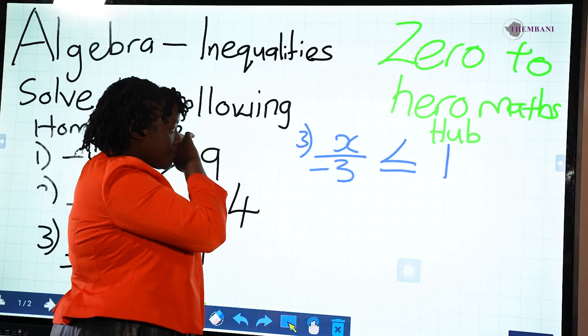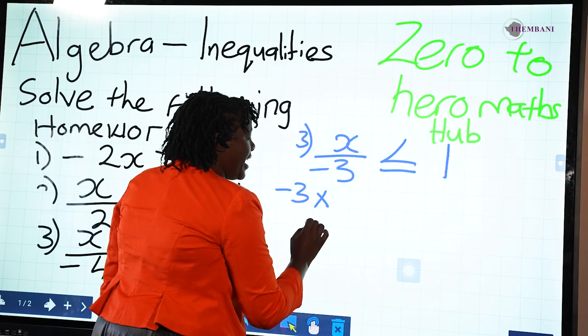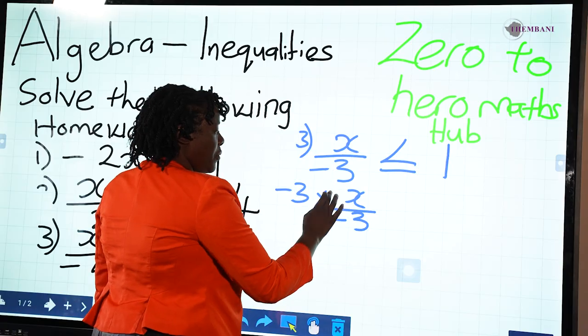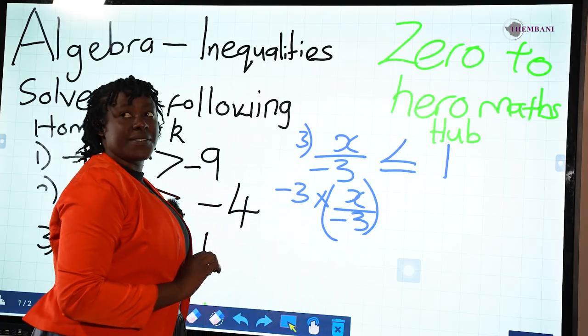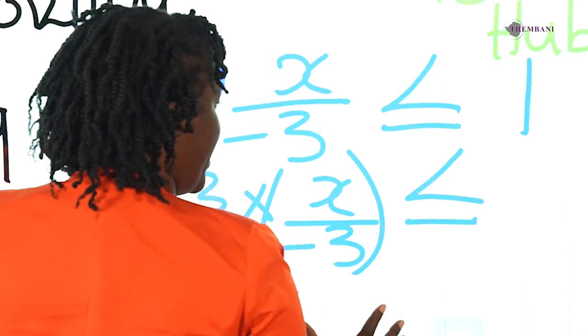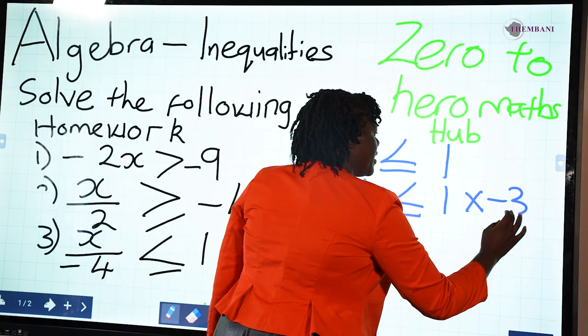So in this case, we have negative 3 multiplied by x over negative 3, we can put this in brackets, and then this is less than or equal to 1 multiplied by negative 3.